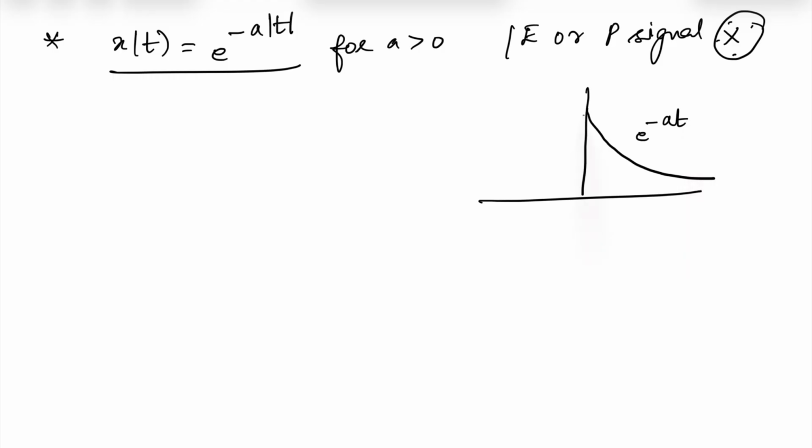Again I can have e^(at). Why am I drawing both e^(-at) and e^(at)? In the question, if you see, it is modulus of t, which means t has to take both positive values as well as negative values. So how can I write the same here?